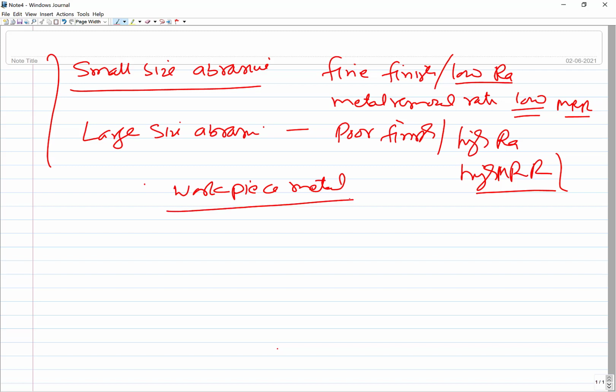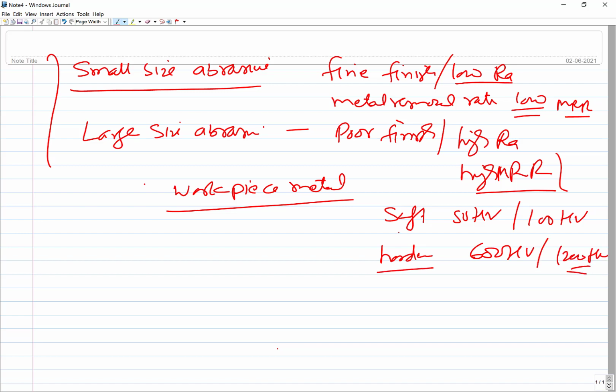Okay, so this is soft. Soft means like 50 HV or 100 HV, or it is hard, like cast iron or hardened steel, say 600 HV or 1200 HV. So which kind of material, hard or soft, is to be ground.